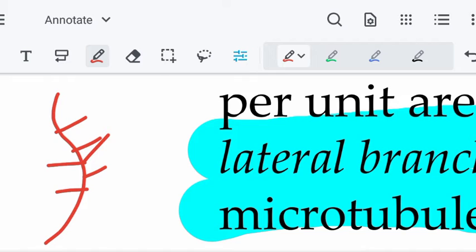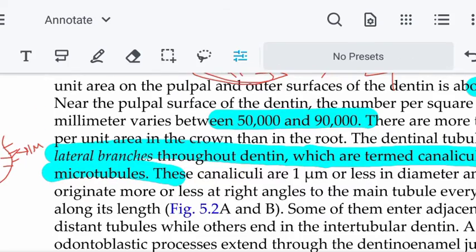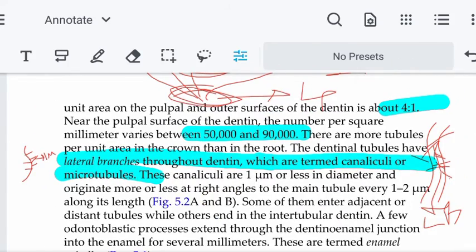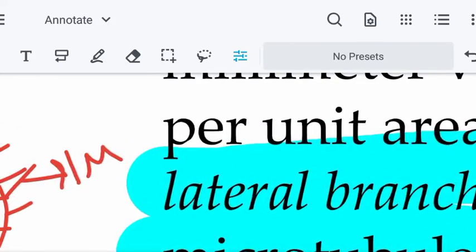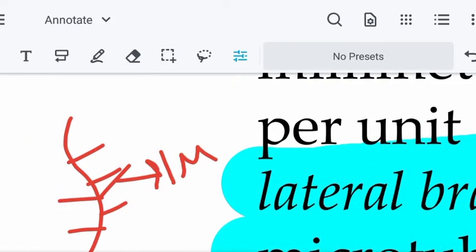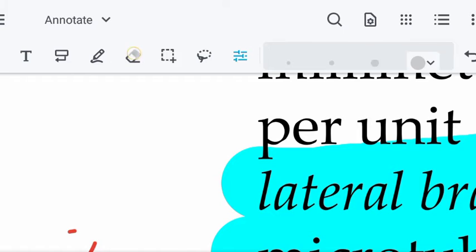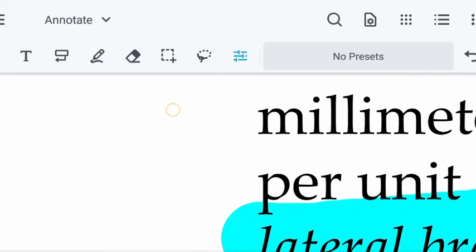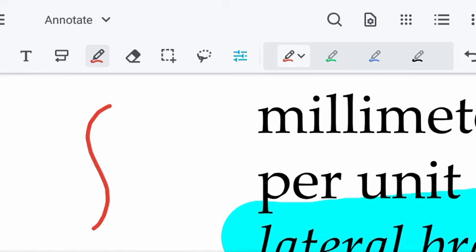These lateral branches are smaller in diameter, that is 1 micrometer, and the distance between two microtubules or canaliculi is 1 to 2 micrometers. So if this is the microtubule, this is the lateral branch.